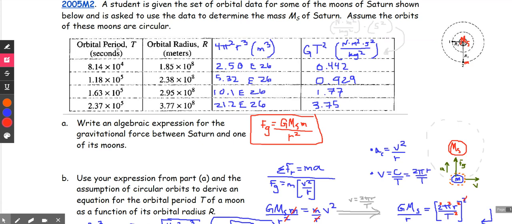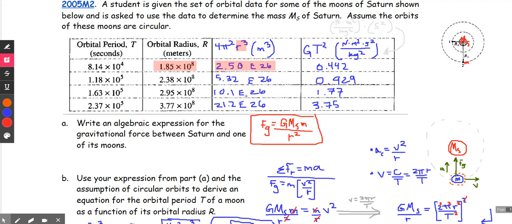For the orbital period, I take that and transform it according to this equation into this stuff over here, and I just go ahead and transform all that data for the first column into this right-hand column. And then for the orbital radius, I take this information and plug it into this equation right here to get this data right here.